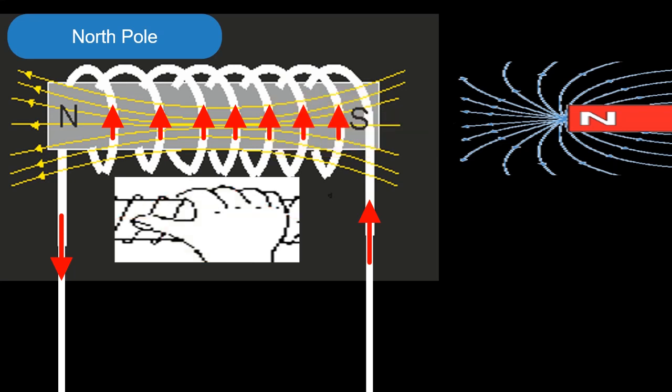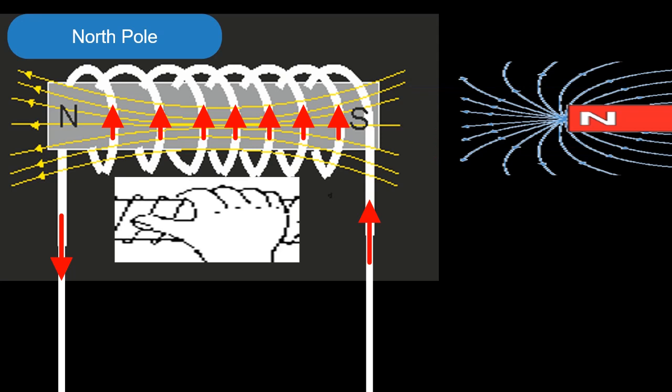Hence, now also the field produced by the coil will oppose the cause, that is motion. How is that? The north pole of the magnet is trying to move away from the coil, but the south pole of the coil field is trying to pull it by producing the attractive force.